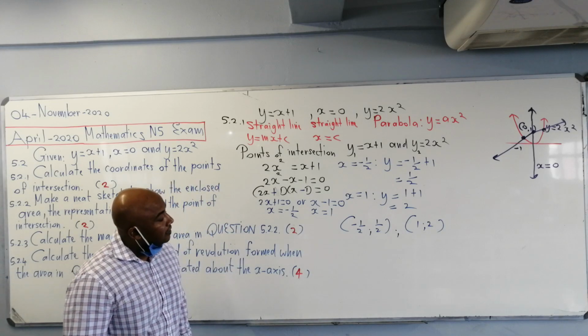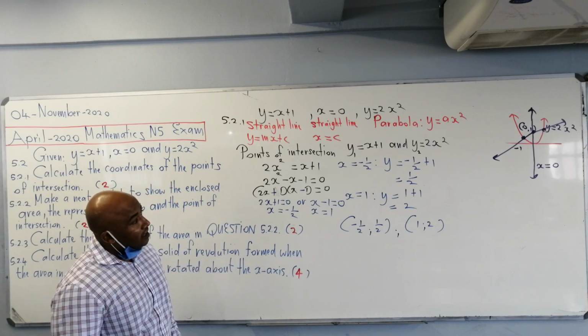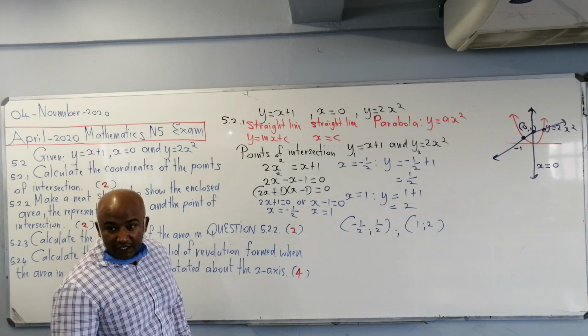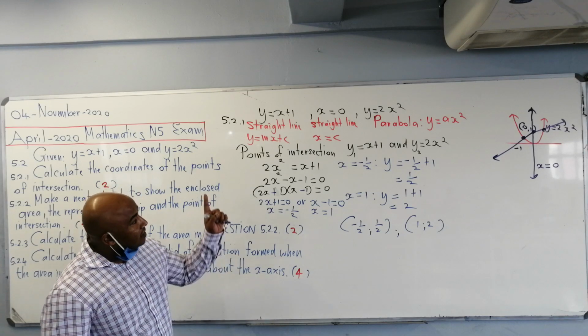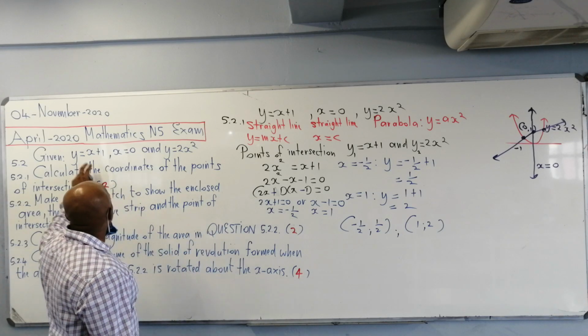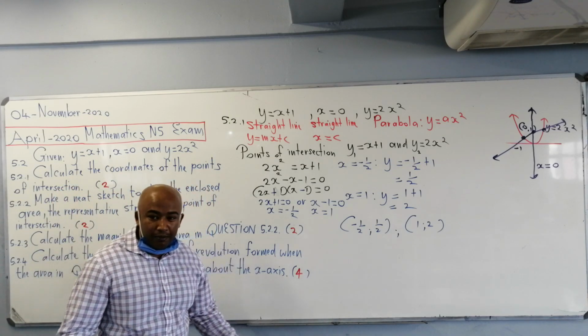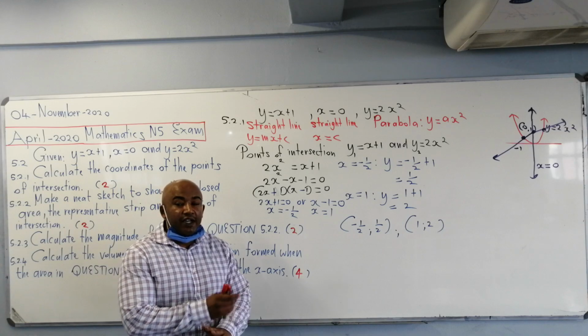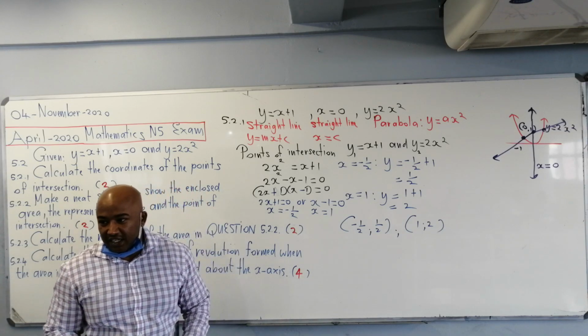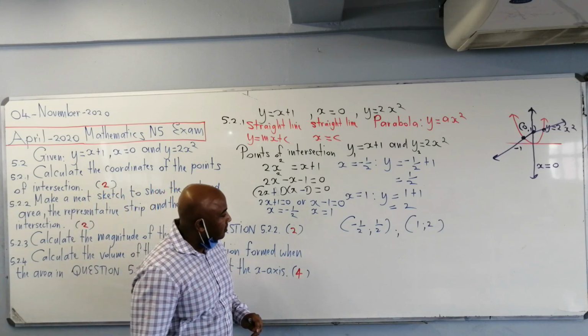Now, what else? There's also points of intersection between the two straight lines there, because clearly you are given 3 graphs, okay, and you are asked to find the points of intersection, so we must find all points of intersection, not just these two.